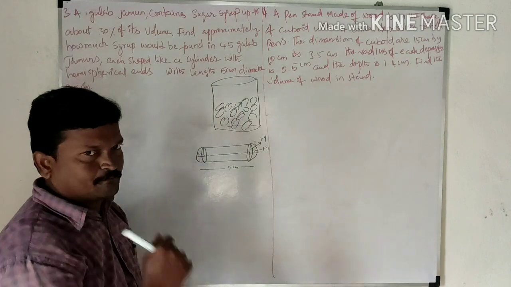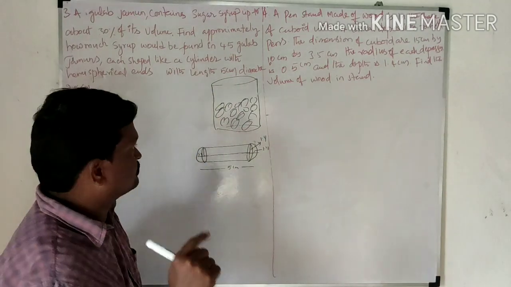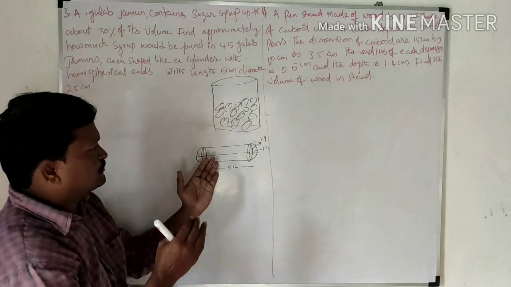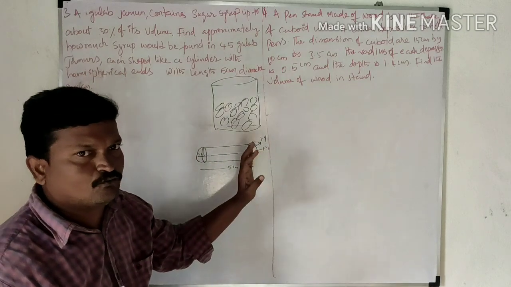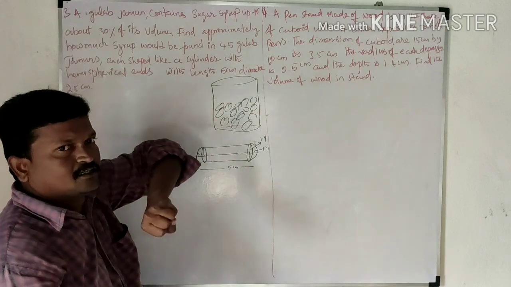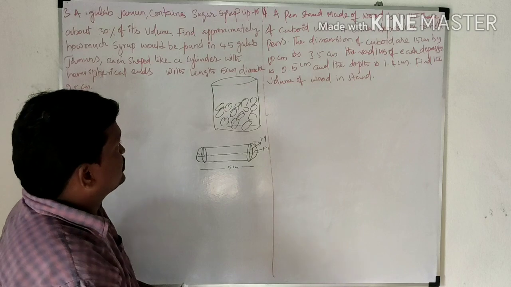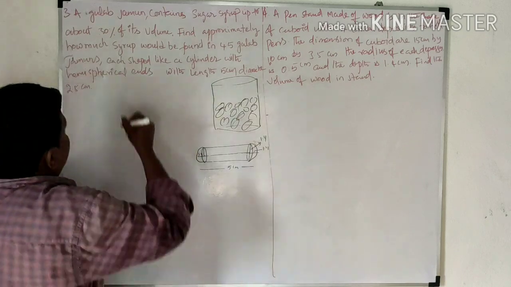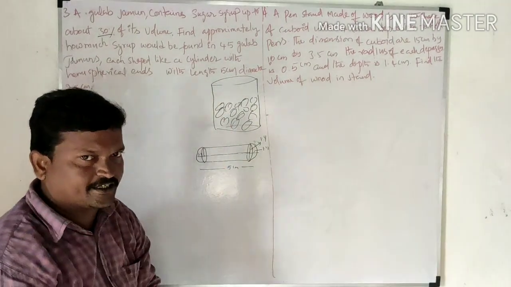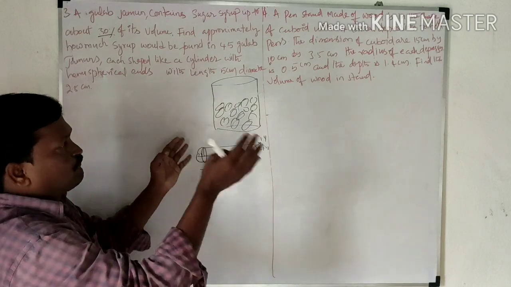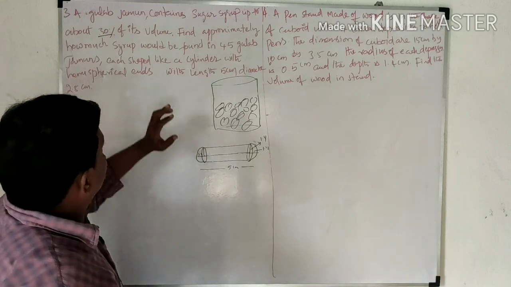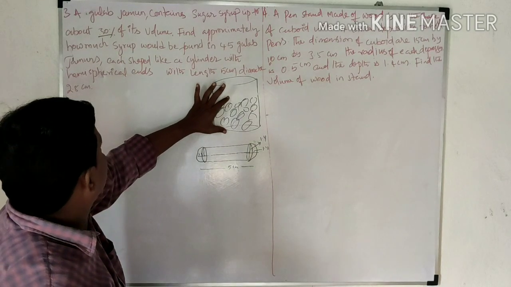From this data we have to find the total volume of one gulab jamun. After finding the volume of one gulab jamun, 45 gulab jamuns are there, so 45 into the volume of each gulab jamun gives the total volume of the jamuns. Then 30% of the volume of the 45 gulab jamuns becomes the total volume of the syrup.